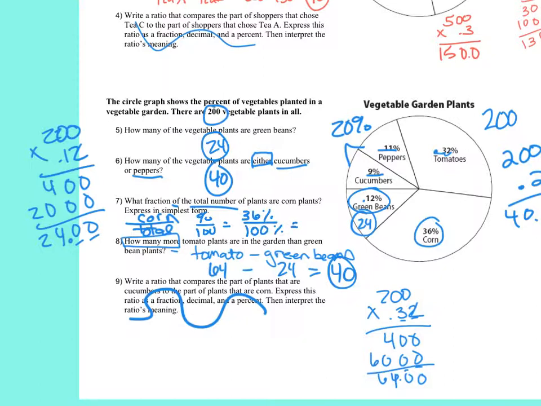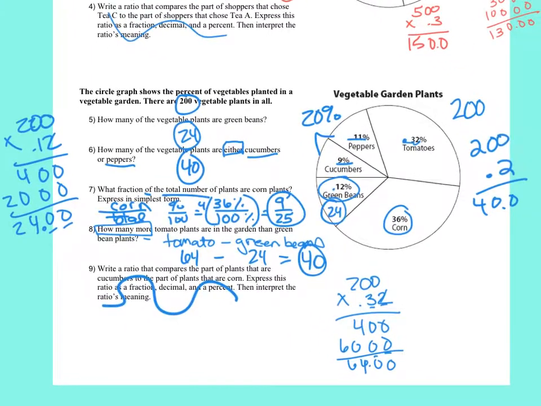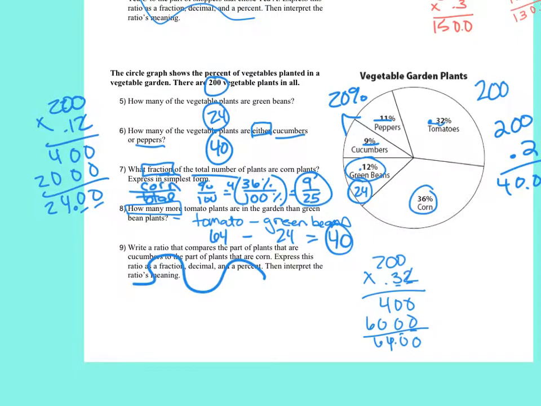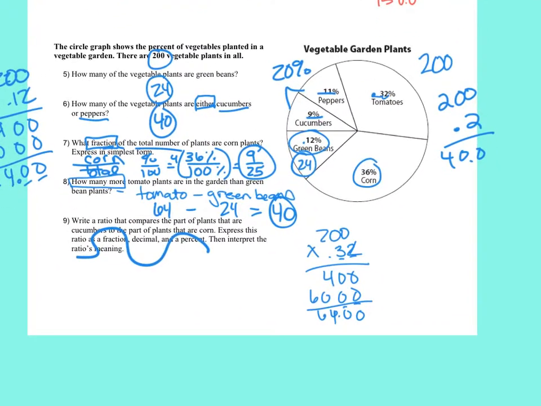And so then we can reduce that to 9 over 25. 4 will go into both of those numbers, okay? So you get the same answer, but if it's asking what fraction and you're dealing with percents, it's a lot easier to just put that number over 100. Okay, and then, yep, on number 9.